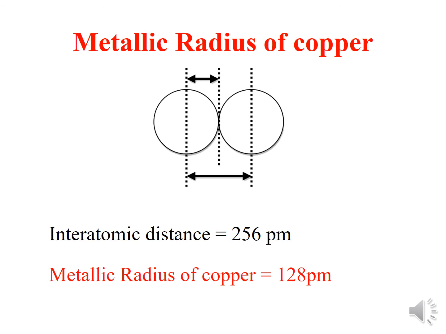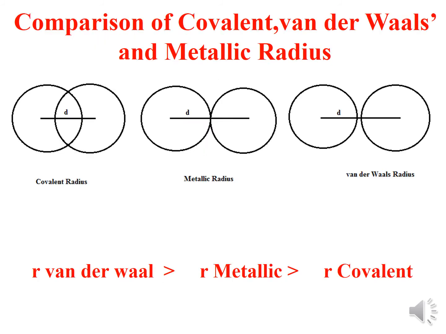So till now we have discussed covalent radius, van der Waals radius and metallic radius, and we have calculated them. Next we will compare the different types of radius.